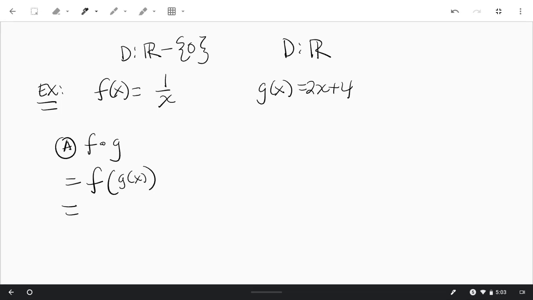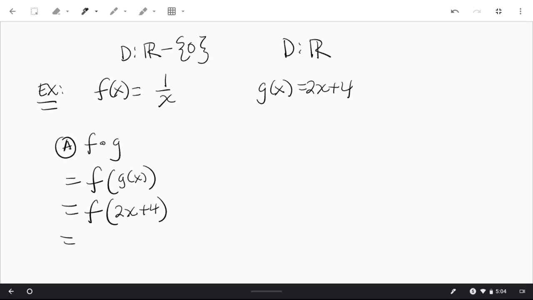The g function is 2x plus 4, so we replace all the x's with 2x plus 4. So I get 1 over 2x plus 4.